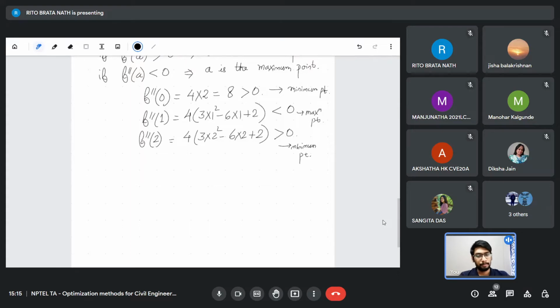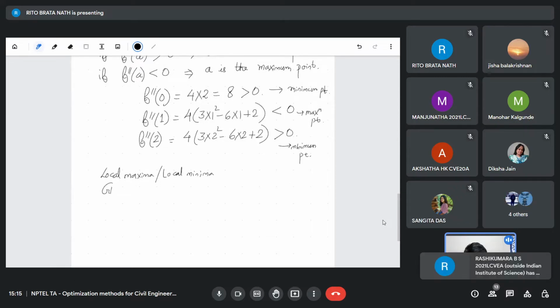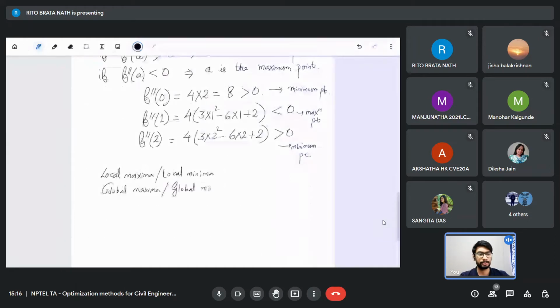Now, can anyone tell me about the concept of these two things? One is local maxima or local minima. Another one is global maxima or global minima. Can anyone tell me what these two are?